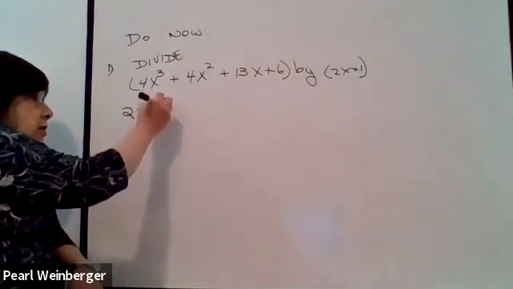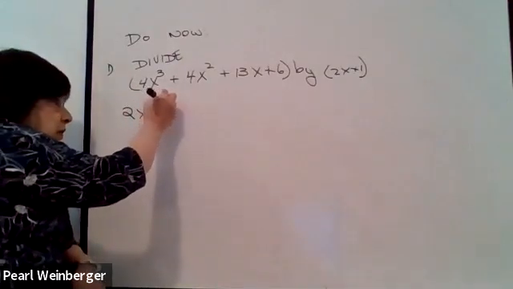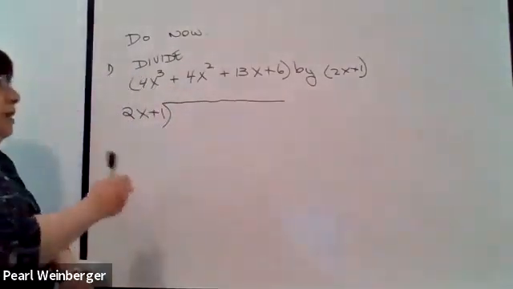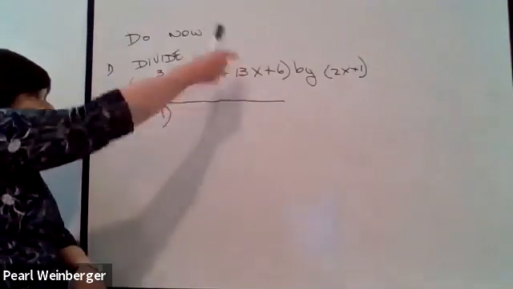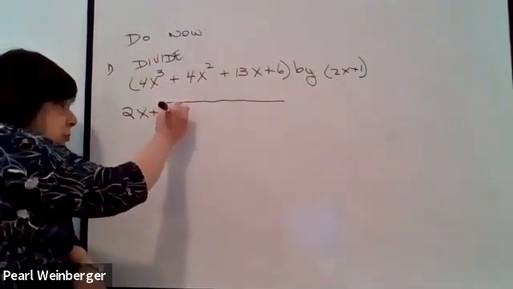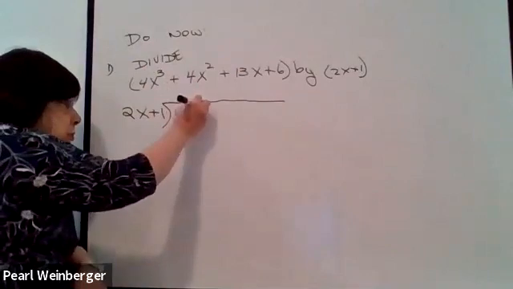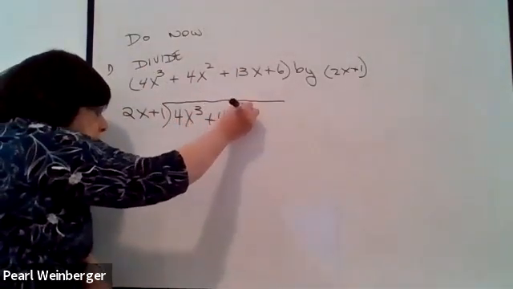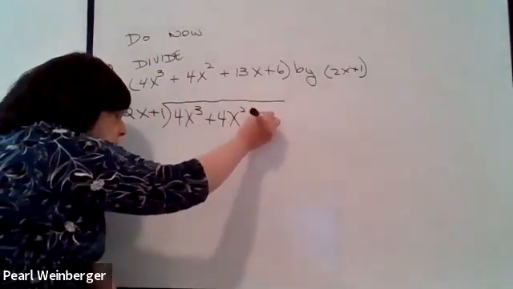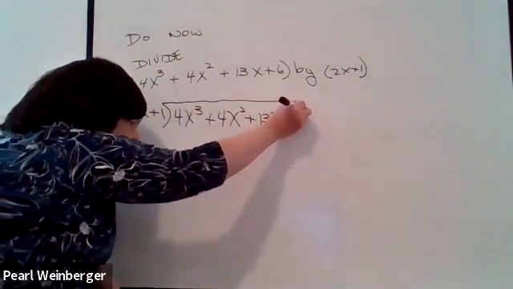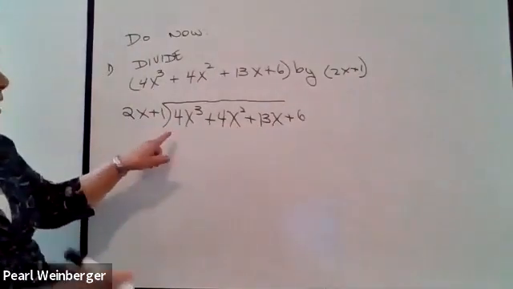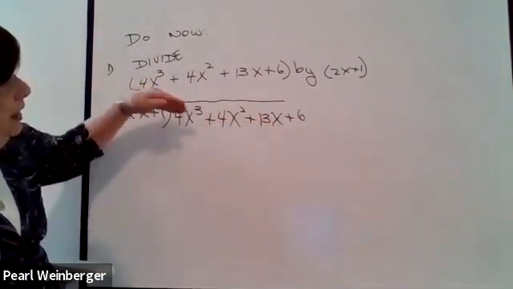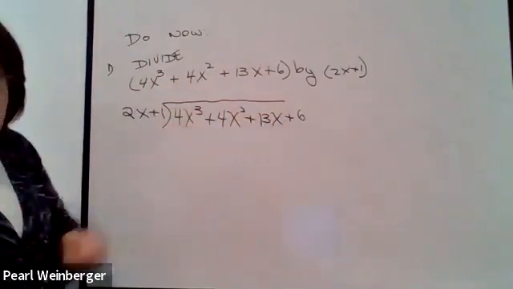We take the divisor, the thing we're dividing by, and put it on the outside, and the dividend, that's what we're dividing into, the 4x cubed plus 4x squared plus 13x plus 6, inside my radical, making sure that all the terms are in descending order, which they are.